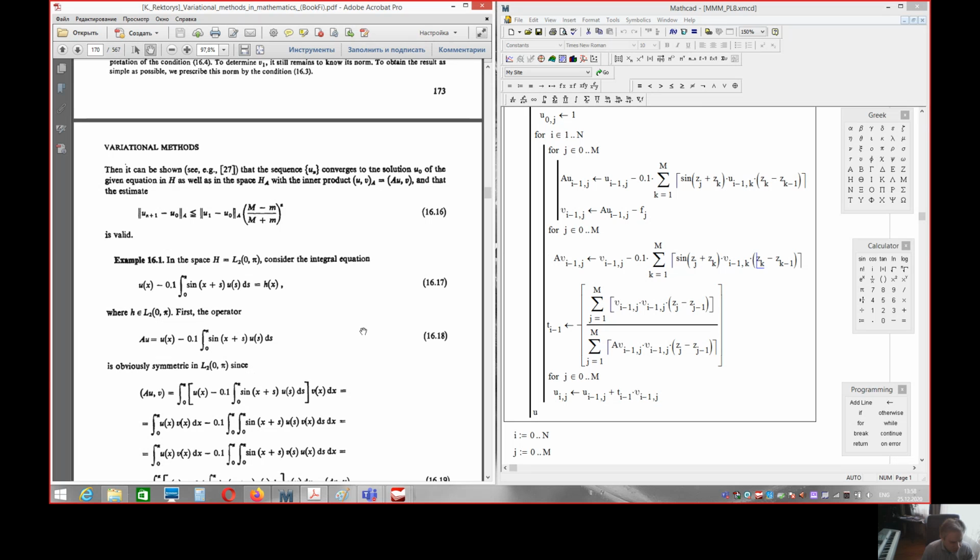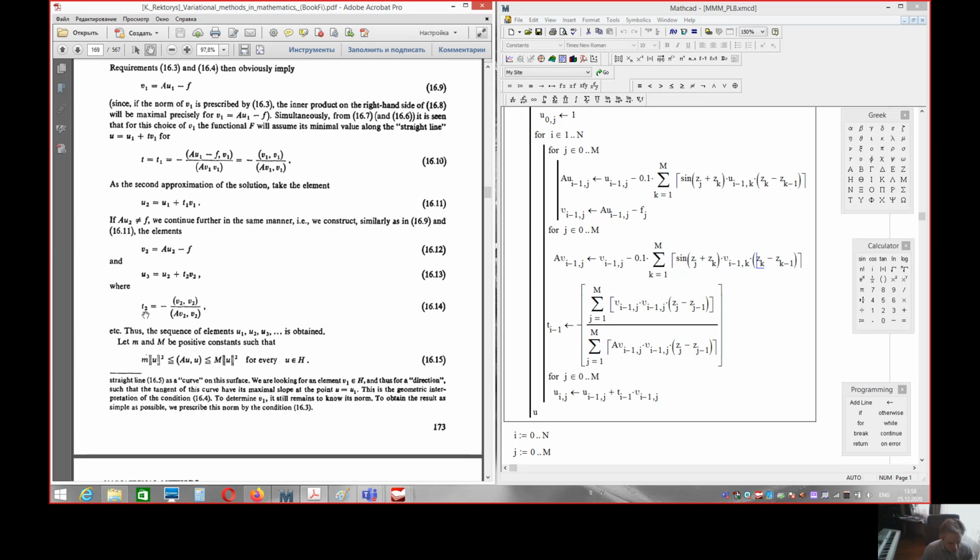And t approximation, another approximation to t is equal to this relation minus this inner product, that is integral v by differential by this inner product, that is this differential analog of the integral.